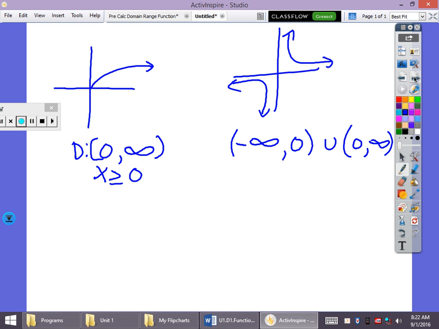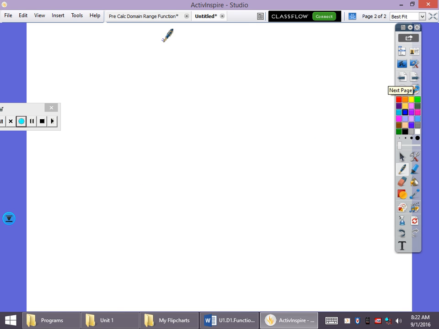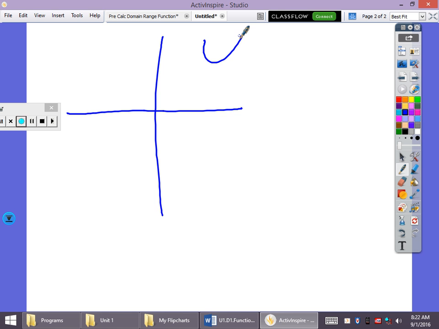Moving on, you have one that looks like this with a slant asymptote. Okay, sorry, that's really sloppy.